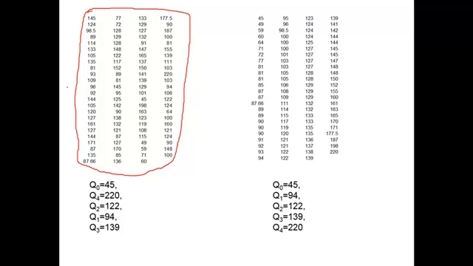As you see here, they're not in any particular order. Over here, I've listed it from the lowest value, which is 45, to our highest value, which is 220. The 220 is our Q4, the lowest value is our Q0, and we find the other values by their positions.